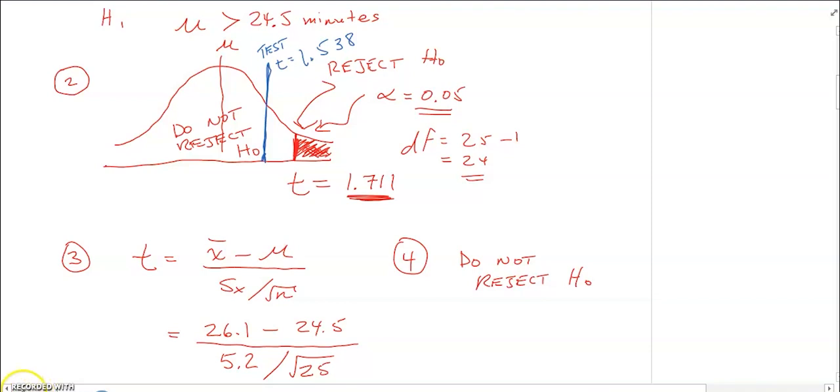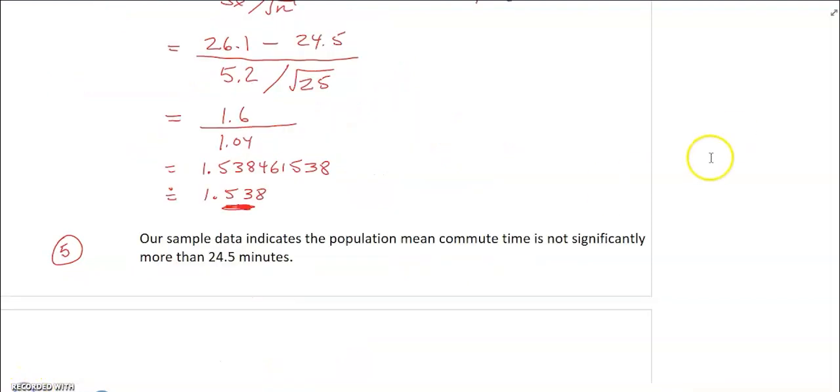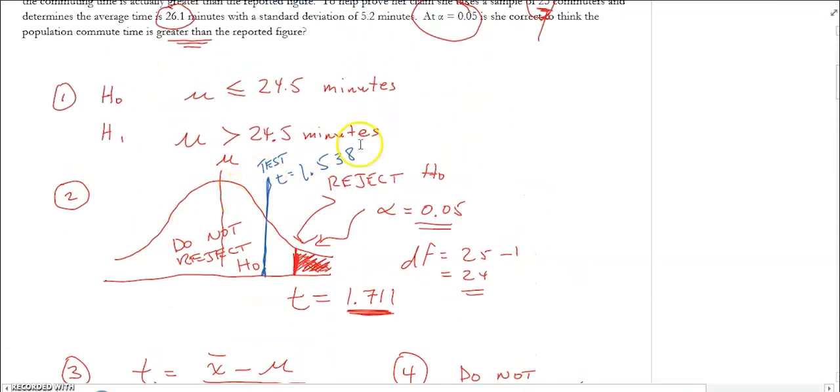And then the last thing we do is, well, let's report our findings. What does this actually mean? Our final conclusion is that our sample data indicates the population mean commute time is not significantly more than 24.5 minutes. So once again, our final statement is based on H1, right? It's based on making use of this hypothesis here.